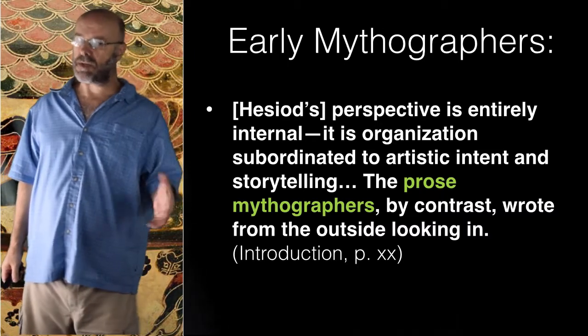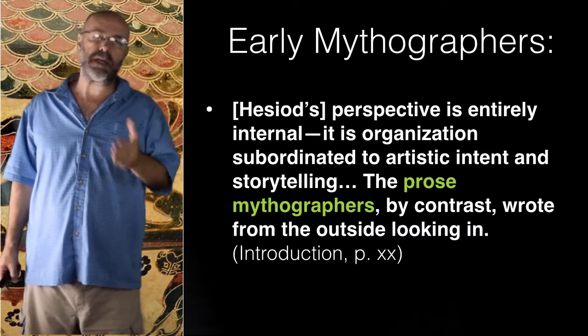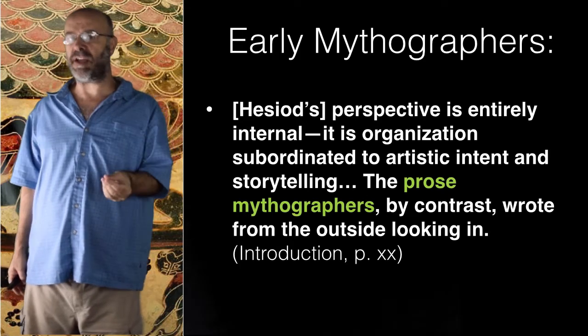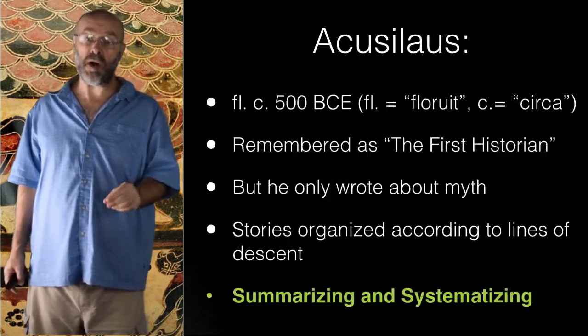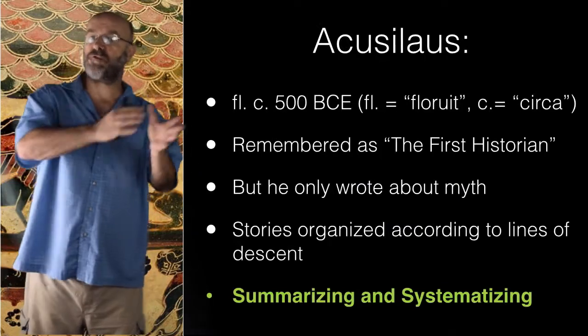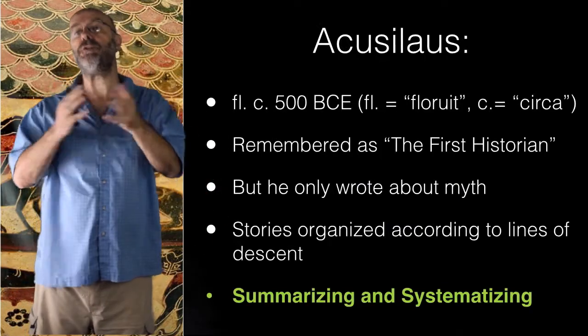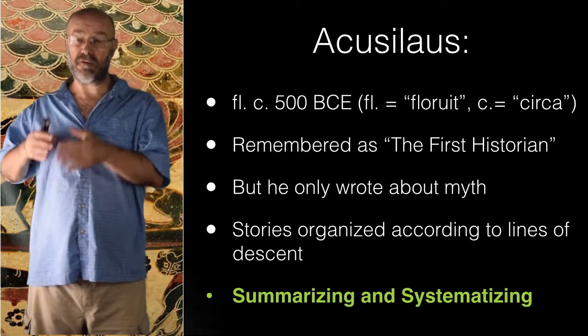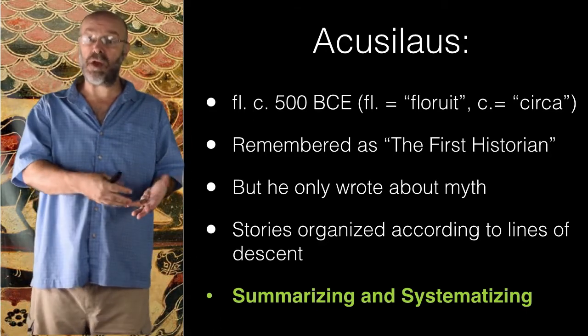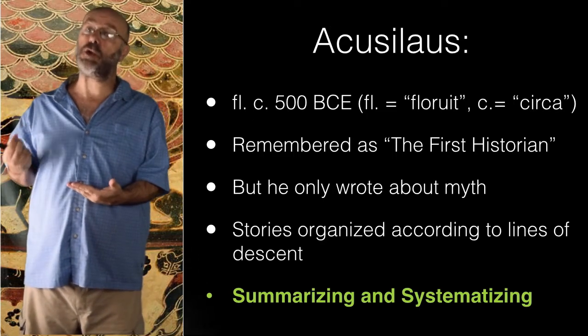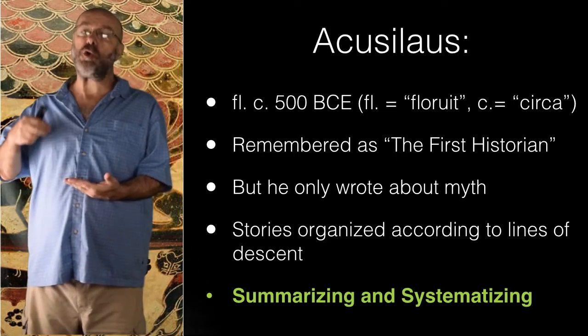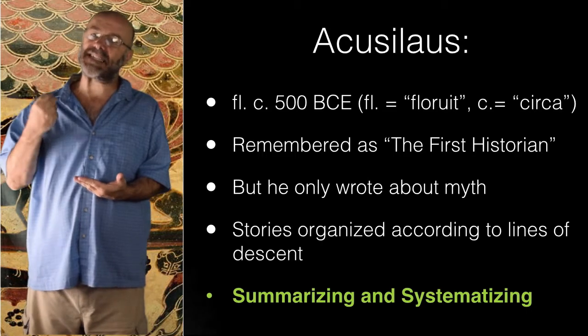So one of the names used, I'll just go through a couple just for the sake of a little bit of detail, but also to give you an idea of how important the 5th century in Greece was for this change from that internal perspective to the external perspective, from writing myth, from composing myth, to writing about myth. And we can start with a man called Acusilaus, who was kind of at his height.